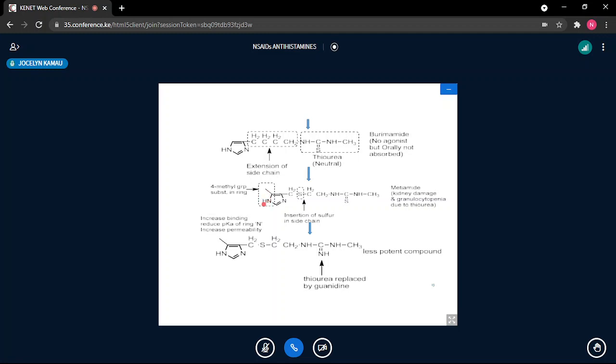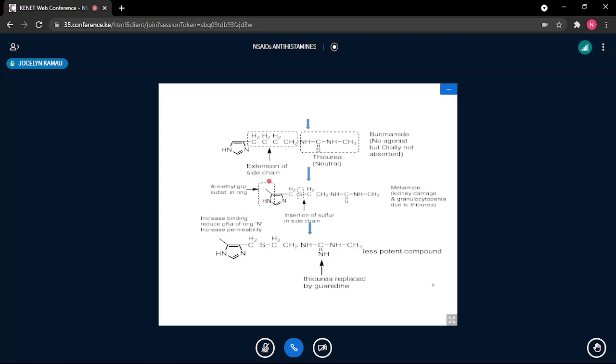That means you promote the tele tautomer, because if this nitrogen is highly basic, then it will bind its hydrogen more strongly, and therefore there is no way it can allow for the loss of that hydrogen to promote what we are calling the pi tautomer. So putting an electron donor there will promote the tele tautomer, by making this nitrogen more nucleophilic or more basic.